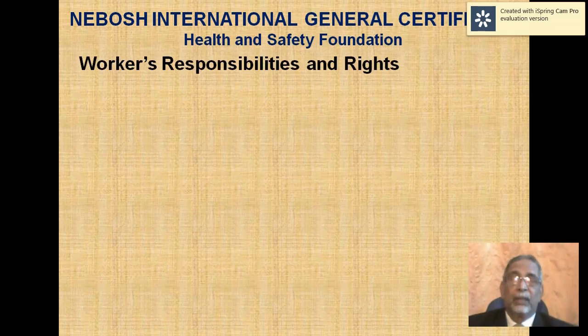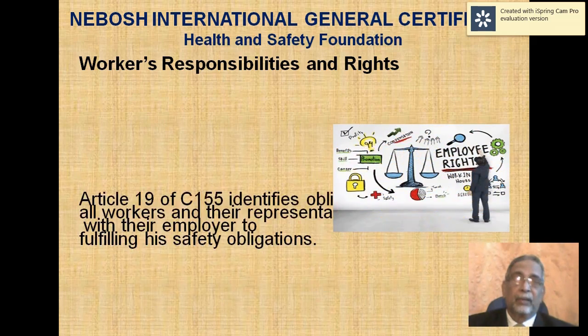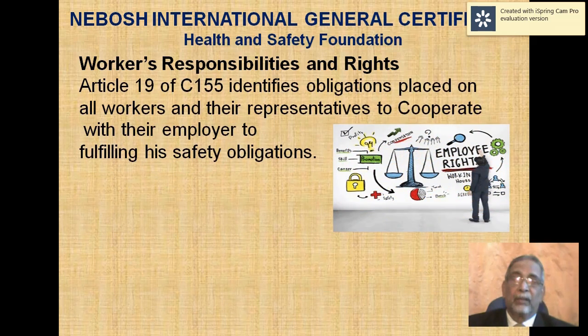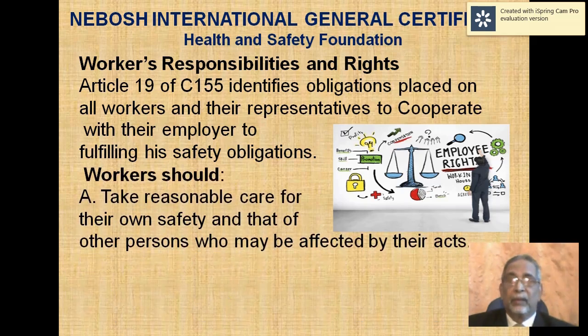Now we will see the workers' responsibilities and rights. Article 19 of C155 identifies obligations placed on all workers and their representatives to cooperate with their employer in fulfilling his safety obligations.